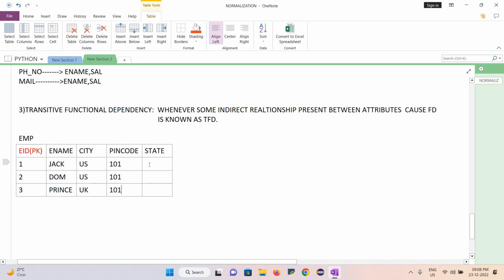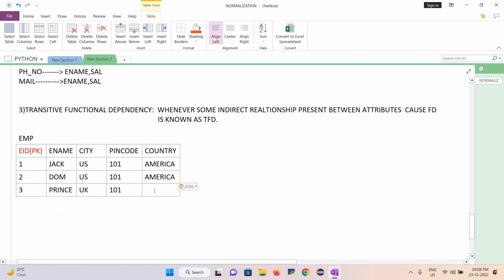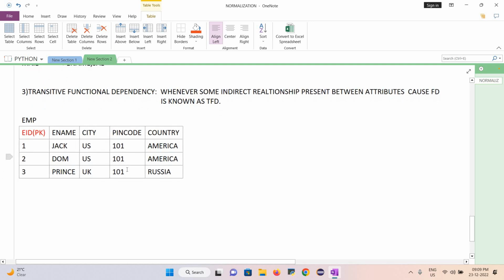Okay, I'm changing this to country. Yes, the country is America, and here also the same, America, and this one is Russia. So this is about the details. So this is my data.